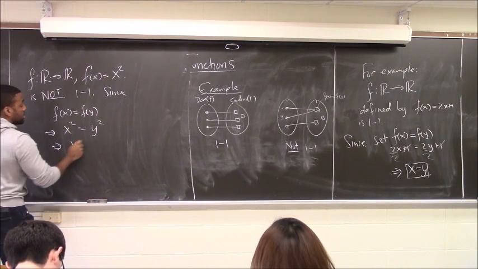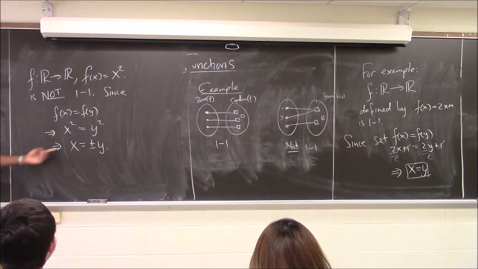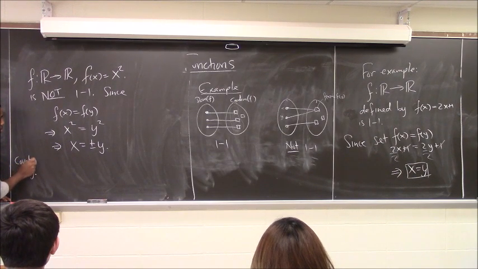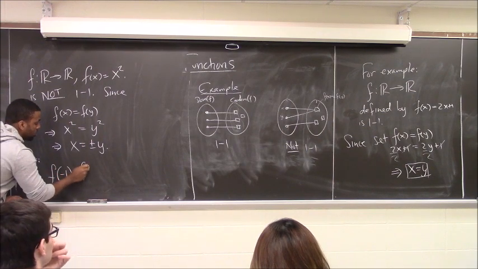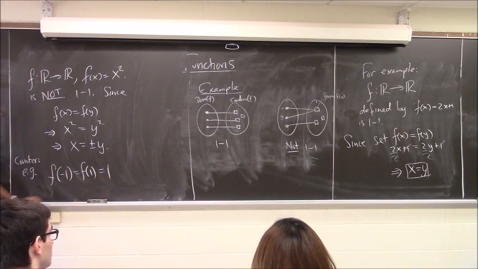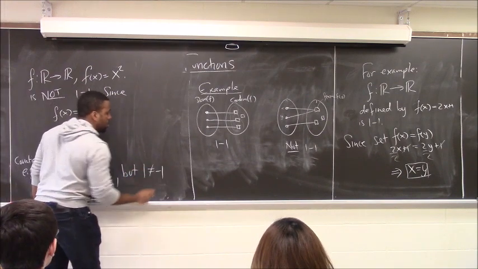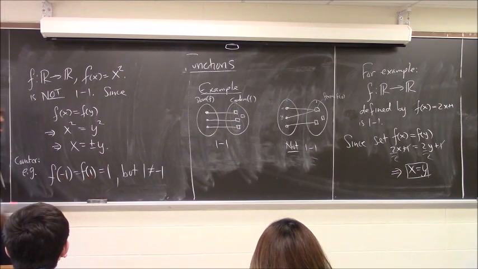This would mean that your x is either plus or minus y, meaning it's possible to have x not being equivalent to y. A particular counterexample is to show that minus 1 and 1 have the same output, but of course 1 is not equal to minus 1. So I have the outputs are the same, but the inputs are not.